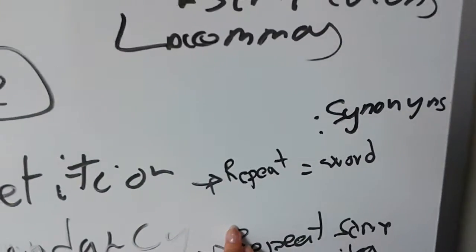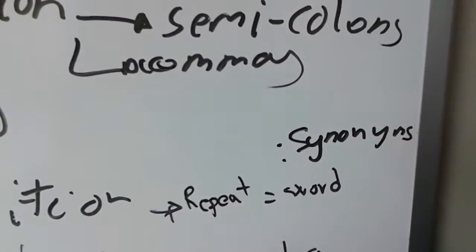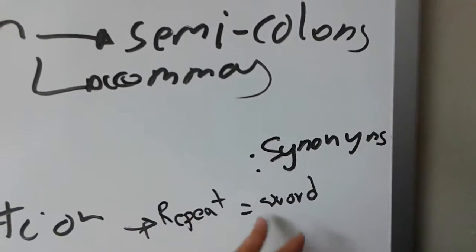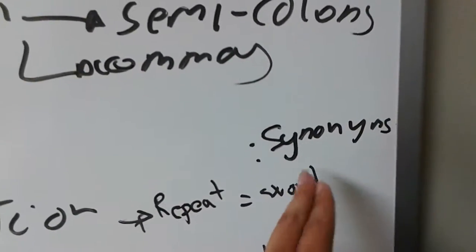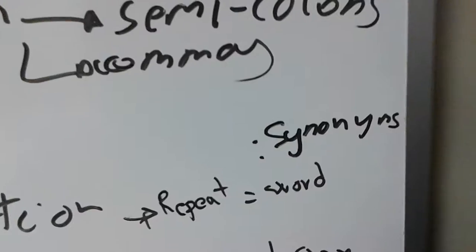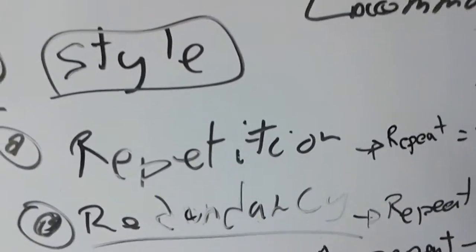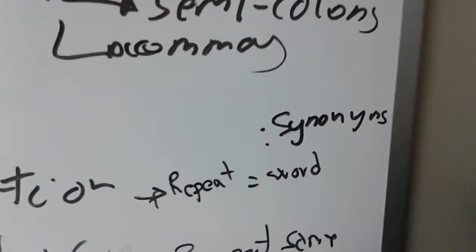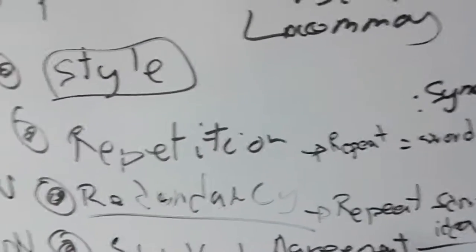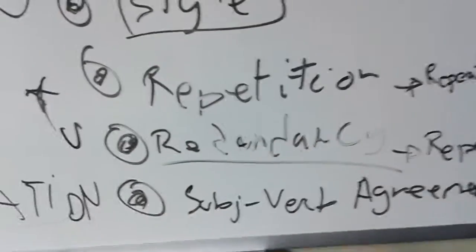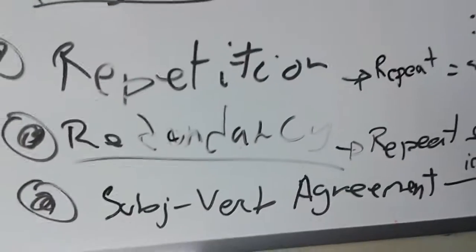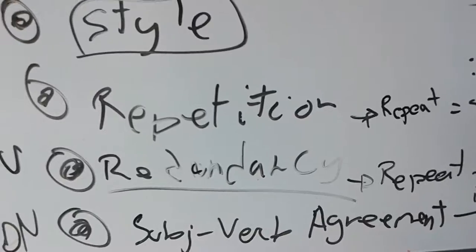Repetition is to repeat a single word. Maybe you can find synonyms. Maybe you can transform that word that is an adjective into a substantive or another verb. Redundancy is to go over and over the same idea. Repeat the same idea with other words. You have to avoid that as well. Or subject and verb agreement and number.